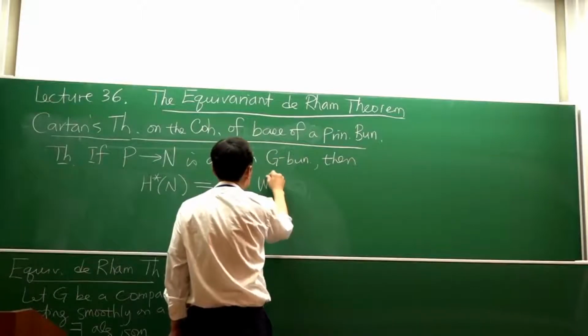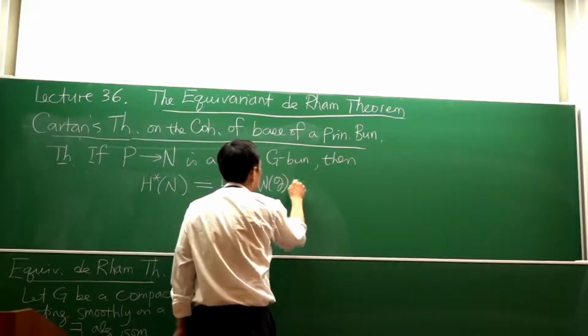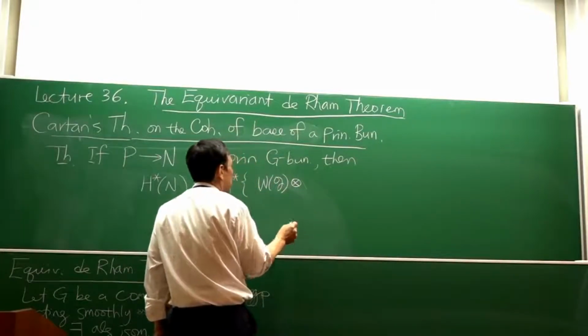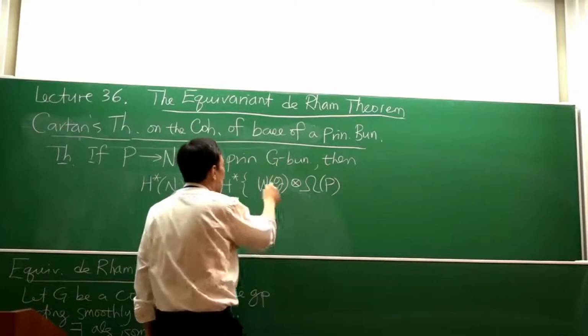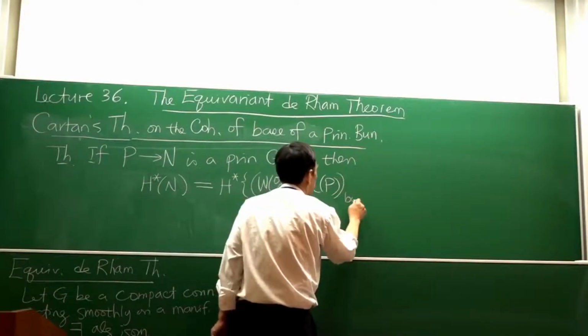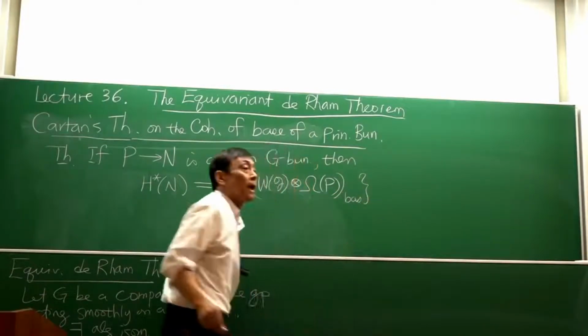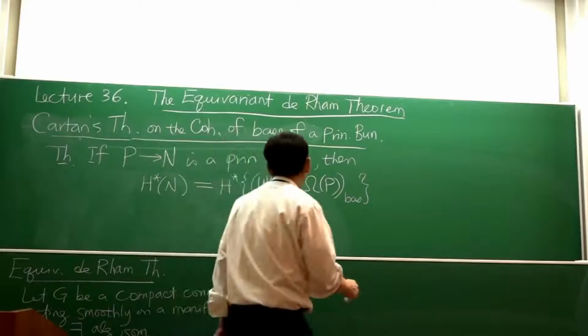It's the cohomology of the Weil algebra of G, tensor with the forms on P, and then you take the basic elements in it. Okay?